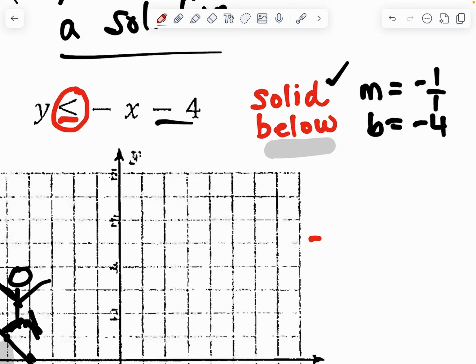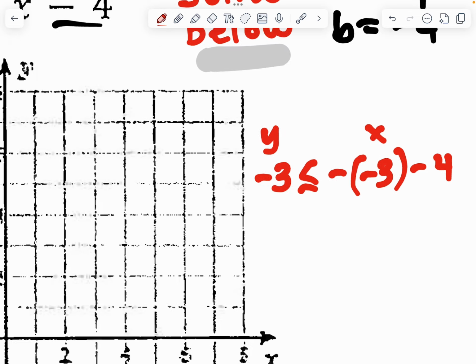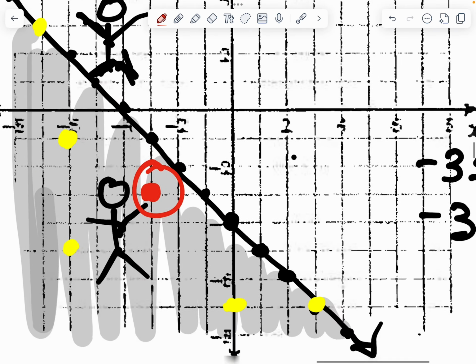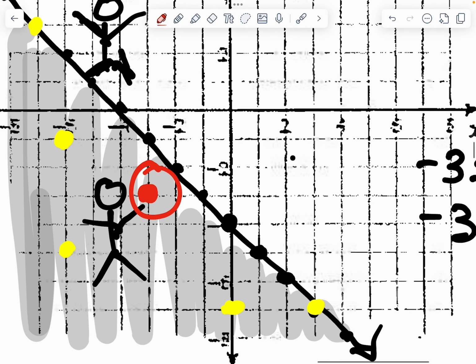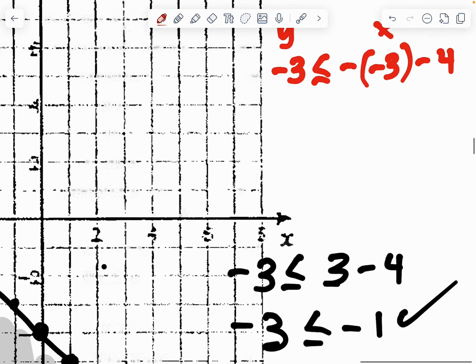So the equation: I'm going to put in negative 3 for y, is less than or equal to negative times negative 3 minus 4. So I'm plugging in my y and my x to see if it works, the one that I picked. I picked negative 3, negative 3. I want to make sure that I shaded correctly, so I'm going to check to see if I did.